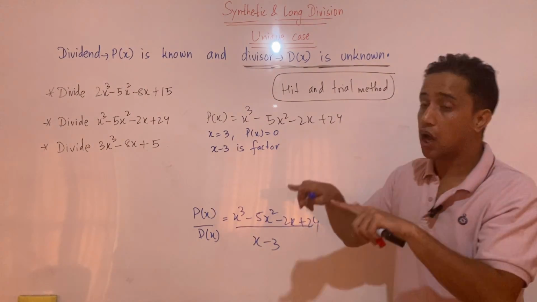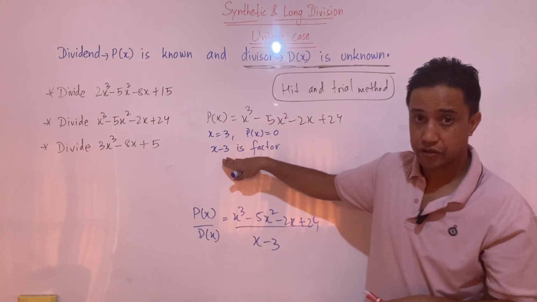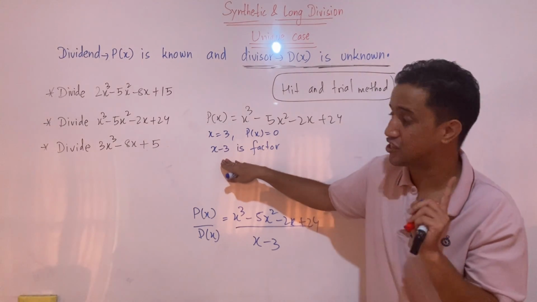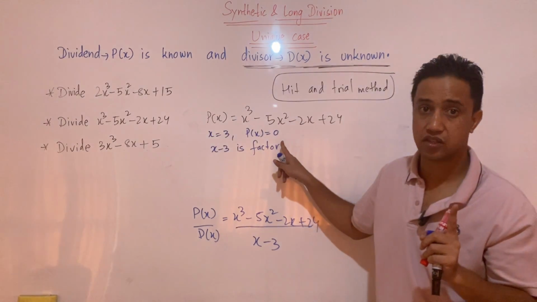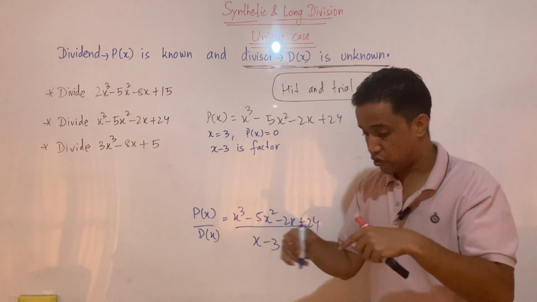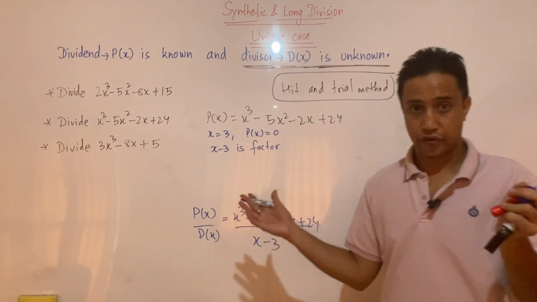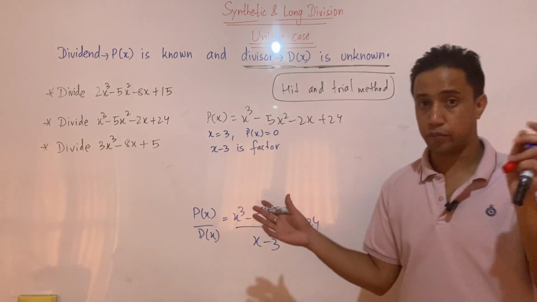So the divisor in this case will always be a linear factor. There is no way that you are going to get a quadratic factor, or quadratic polynomial expression.